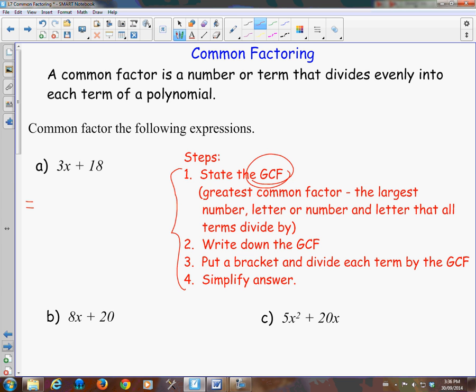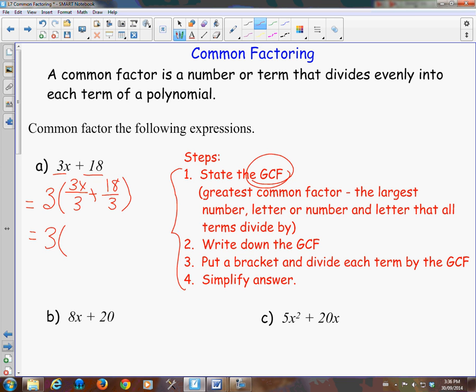So in A, 3x and 18. 3 and 18 both divide by 3. That's it. Since 18 has no x, x is not common to both terms. So the greatest common factor is 3. So I write it down, I put a bracket, and mathematically what I'm doing is dividing both terms by the greatest common factor.